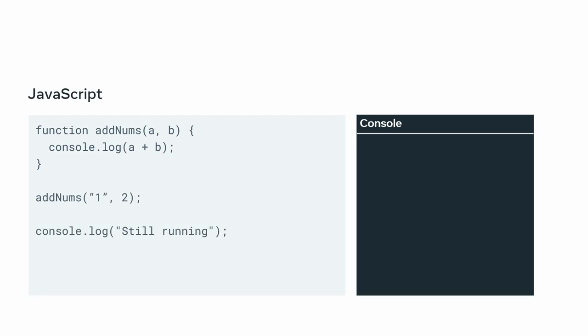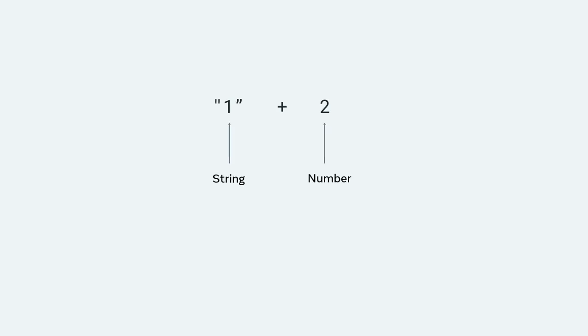While this code works as expected, what if you pass to the function some varying data types, such as a string and a number? For example, a string of 1 and a number of 2. For this, recall how concatenation works. Due to JavaScript coercion, when you add a string and number using concatenation with the plus operator, the values will concatenate as strings.